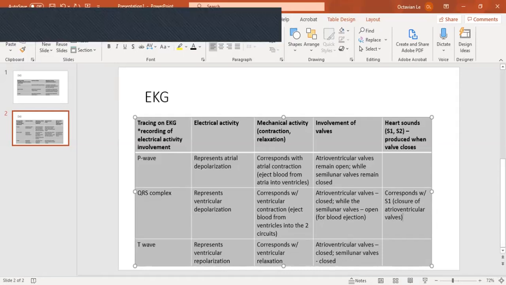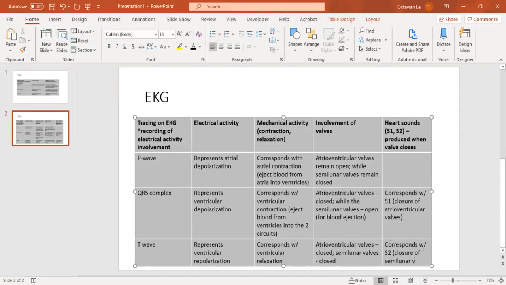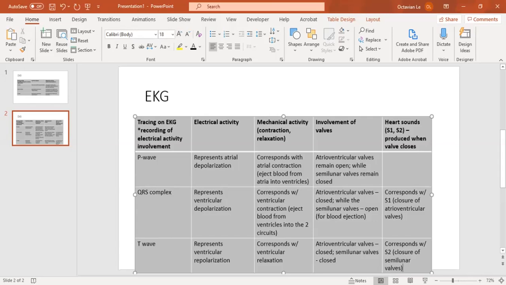And the T wave corresponds with the S2, closure of the semilunar valves. So when the valves close, that is when the heart sound is produced.